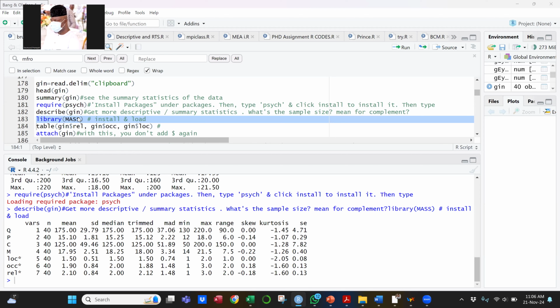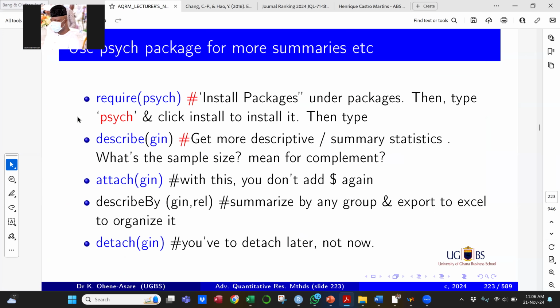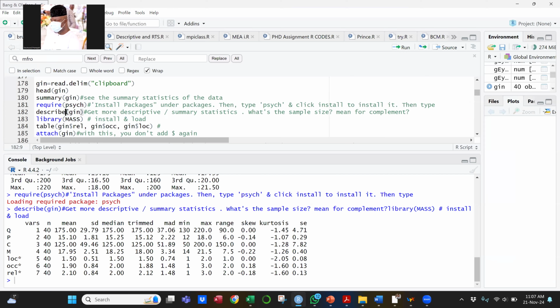Like I said, you may not have it in yours. Oh, and by the way, some of you, when you do library describe gen, did it work? Those of you who have done the describe gen, did it work? Yeah, Doc, it worked from my end. All right.